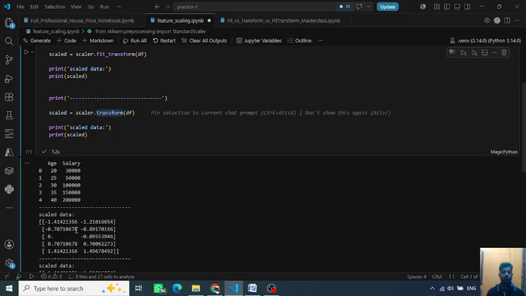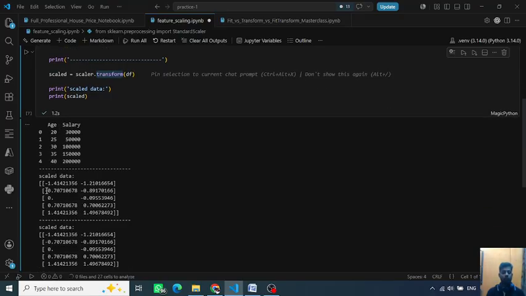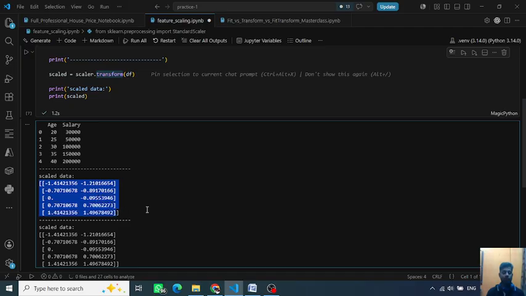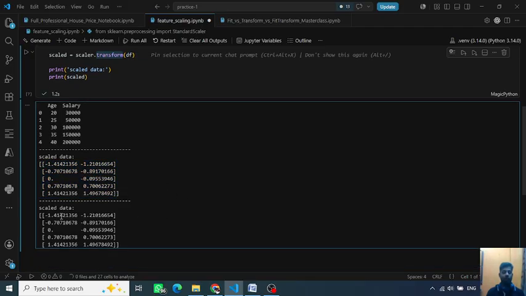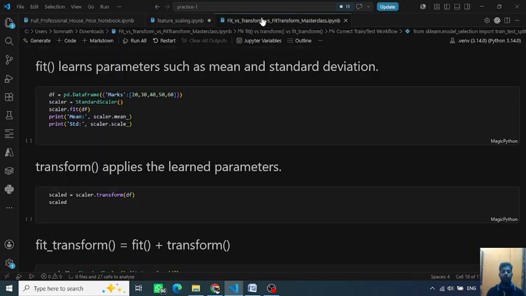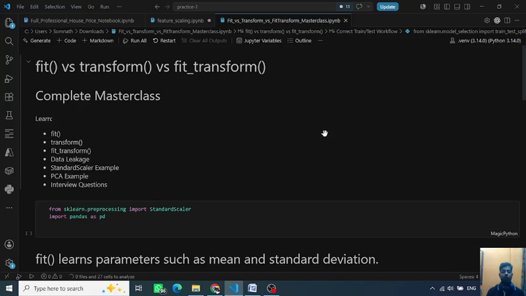This is the data set. After the first transformation it gives this, and the second transformation gives this. You can see all values are the same, right? Because we are using the same mean, standard deviation and same equation, so obviously it will give the same values. Now let's discuss fit, transform and fit_transform.